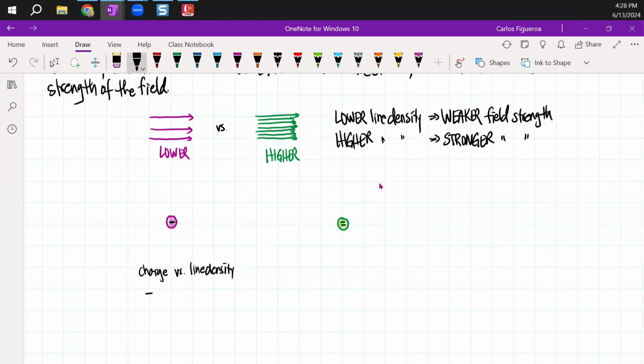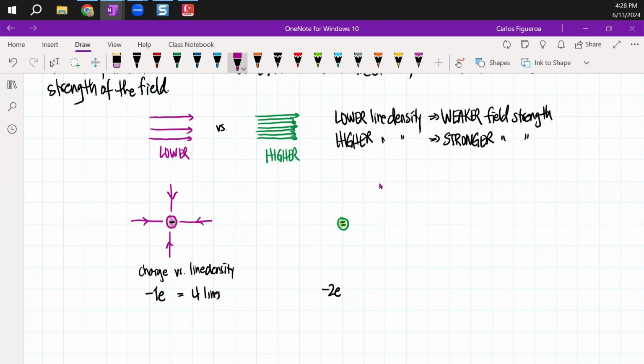So if I have one negative charge here, and over here I have two negative charges, one way to model this is to say that if I have, let's say in this case, one negative charge has four lines, then I'm going to come in here and I'm going to say, okay, so here's my field. So my field only has four lines.